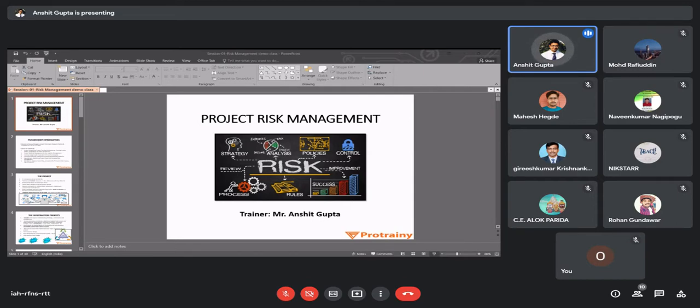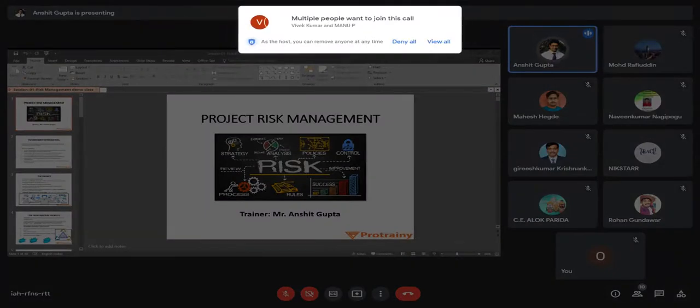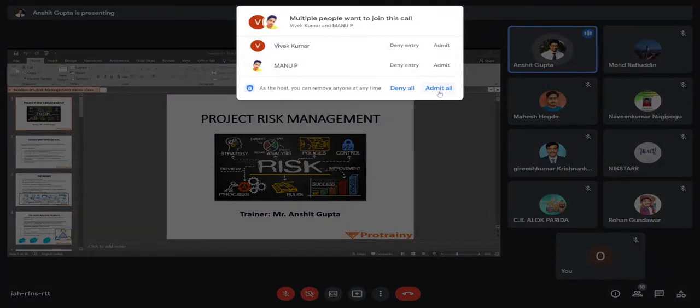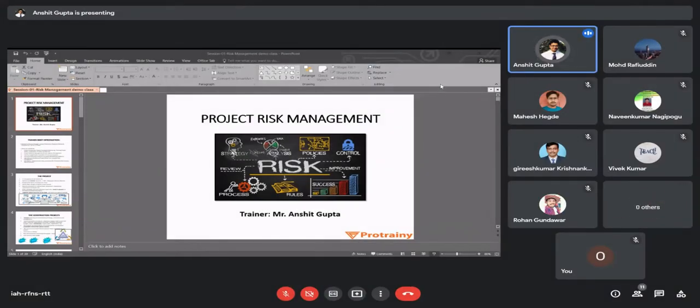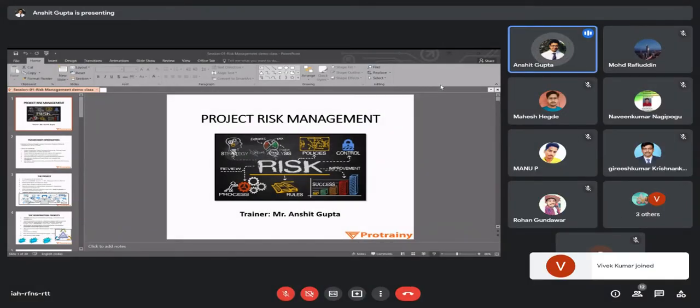Those are three resources: manpower, which is your labor as well as your engineers and staff; then money, obviously, because you have a budget constraint. You cannot spend 200 cr on a project whose budget was planned for 100 cr. So money will always be a limited resource. And then material: whatever material you have planned, accordingly you will use.